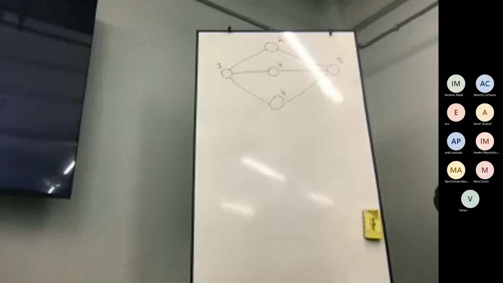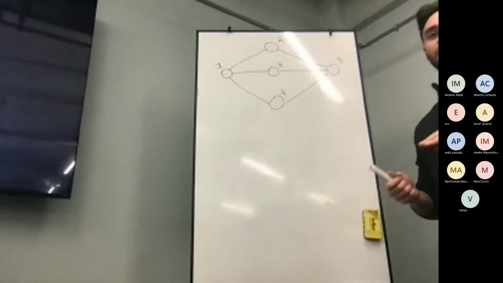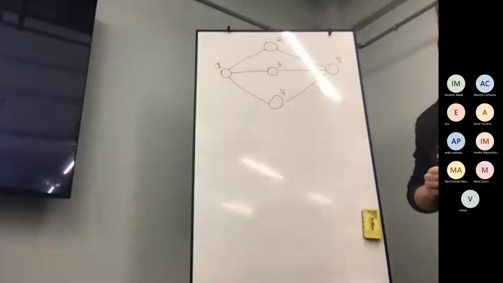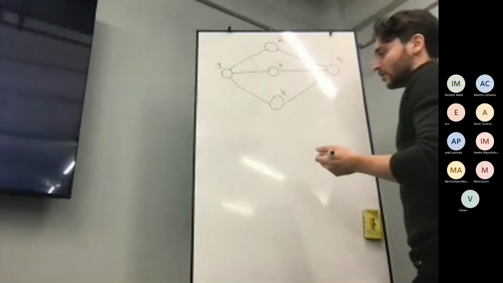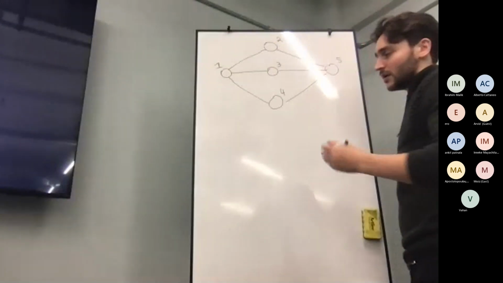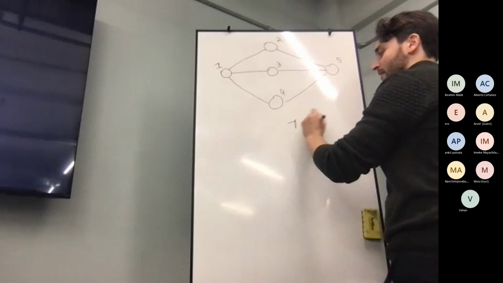And the idea of an automorphism is a mapping from one graph to another, where the mapping maps nodes. This isn't an automorphism, but one mapping could just be the identity mapping.